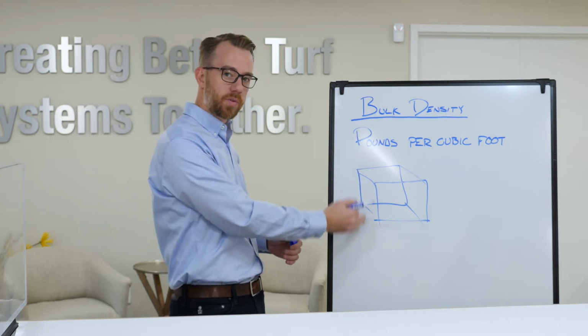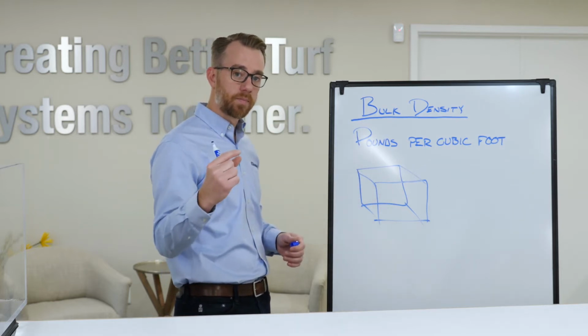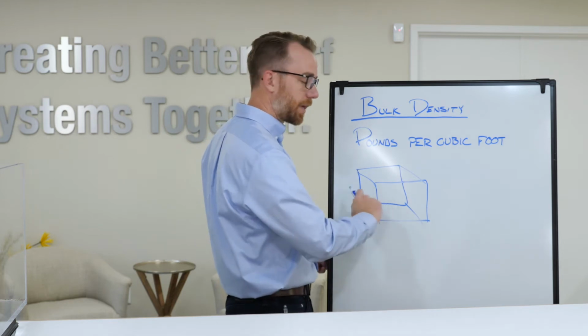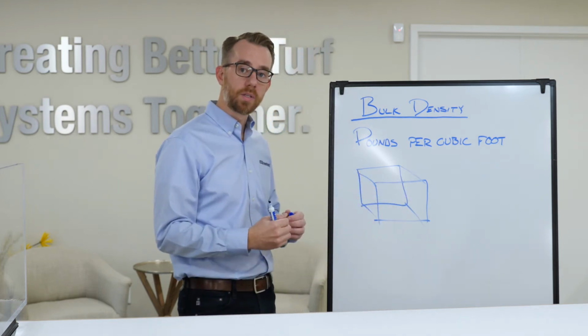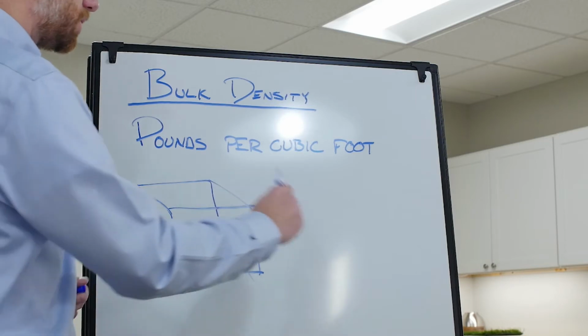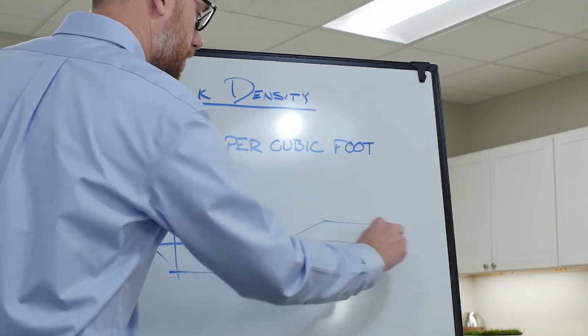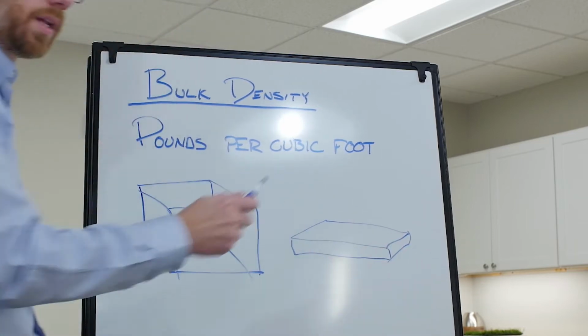We're not trying to fill up 12 inches of depth, we're only trying to fill up about 1 inch of depth. So we would take this cube and we would slice it into 12 1-inch slivers, and then we would understand how many pounds are required in that 1-inch depth.